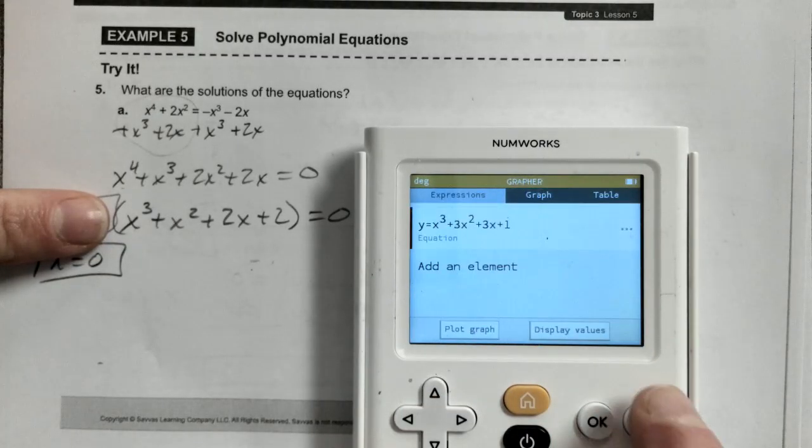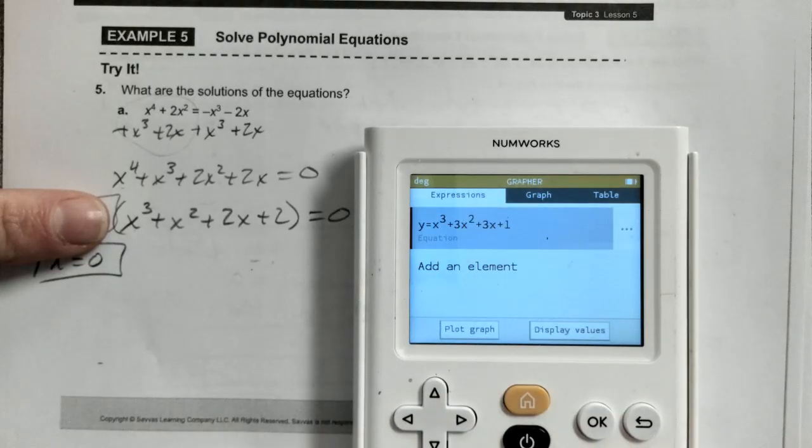All right, so we go back, go here. We're going to clear that out. I need x to the third, plus x squared, plus 2x plus 2.